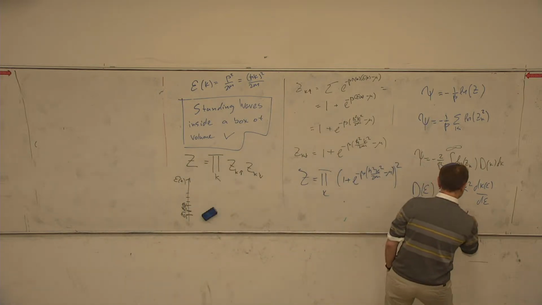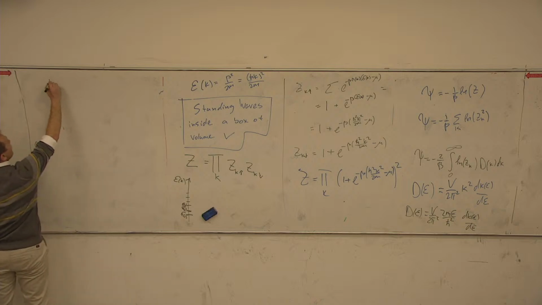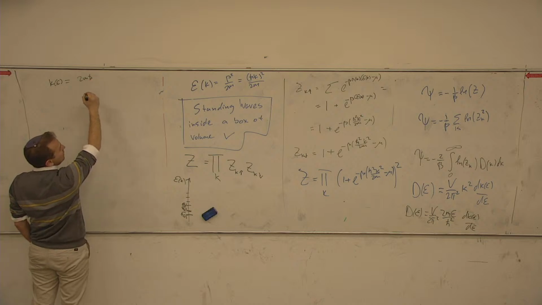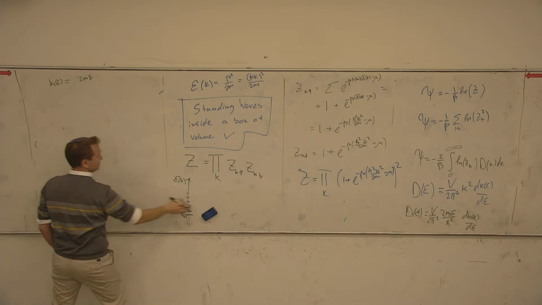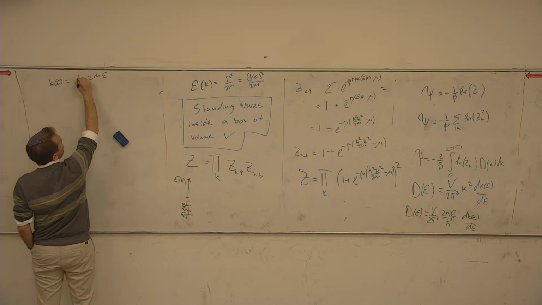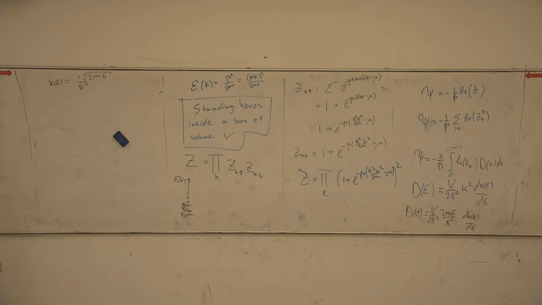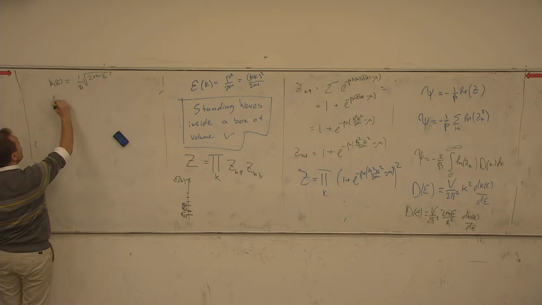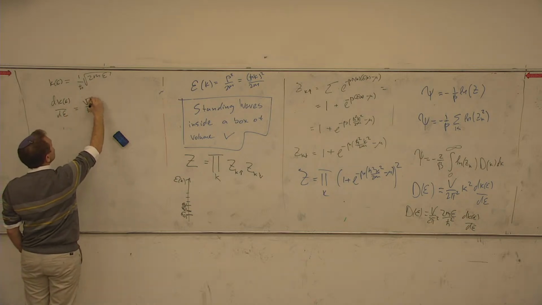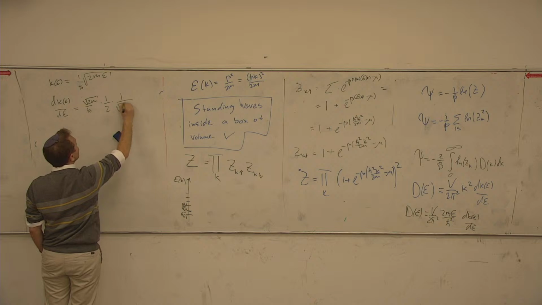Now k of epsilon is the square root of 2m epsilon, times 1 over h bar. So dk of epsilon to d epsilon is 1 over h bar, the square root of 2m, multiplied by 1/2, multiplied by 1 over the square root of epsilon.